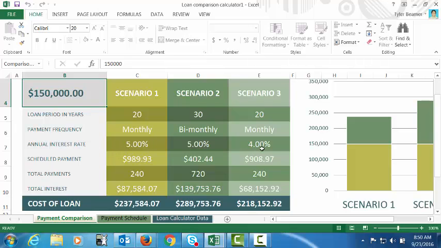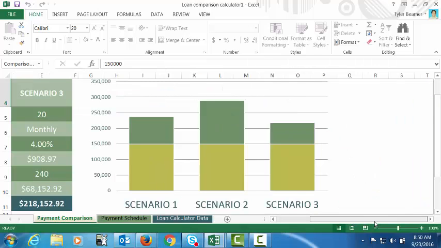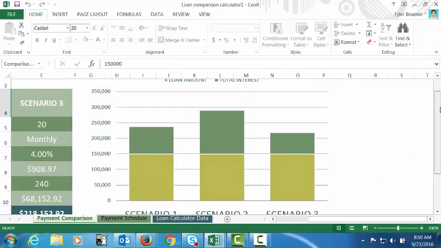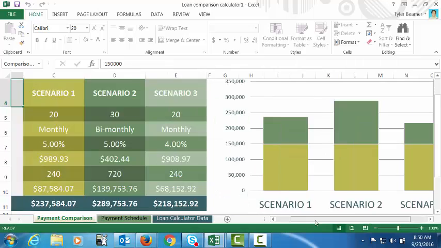The APR, interest rate. And those are the only variables that you should be changing, and then Excel will calculate your monthly payments, give you the total number of payments, the total in interest, and then the total cost of the loan for each scenario. It will also graph this over here, which is really nice to give you a graphical perspective for comparison purposes.